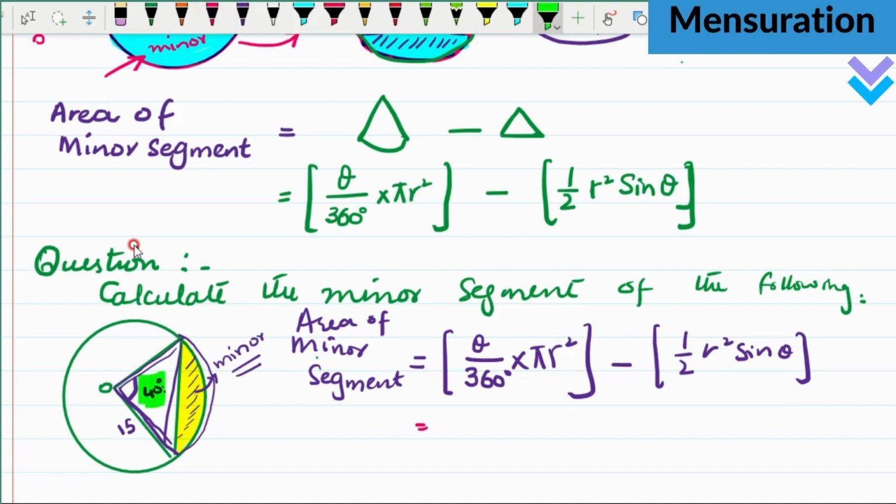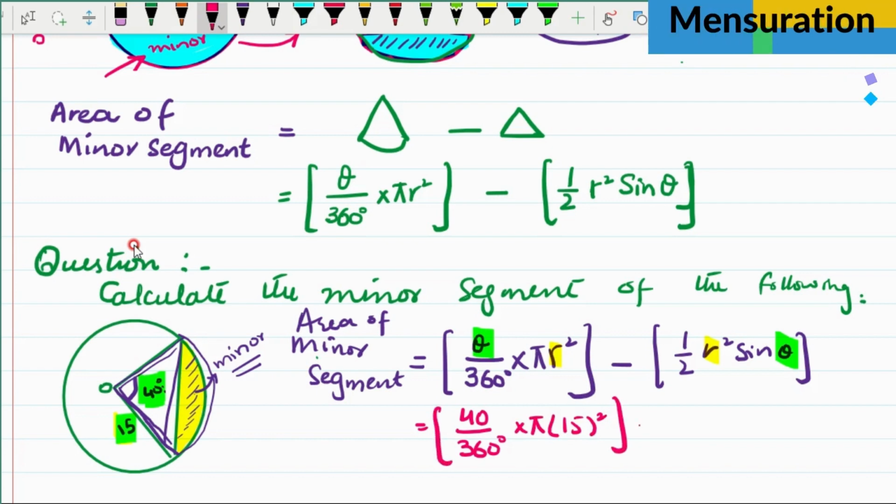Angle is 40 here and the radius is 15. So instead of theta we will substitute 40, and instead of radius we will substitute the value of 15, right? Okay, so 40 over 360 into pi r, r is 15. We will substitute it, and then 1 over 2 r, r is 15 here, and sine theta, and that is 40.